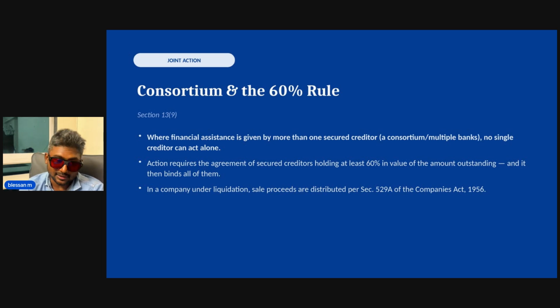Remember, that is not a consortium, it is a committee of creditors, where there are multiple secured creditors. Then 66 percent is required for voting or approval of the resolution plan. So forget about that now. It's 60 percent for the consortium rule. That's the most important thing.